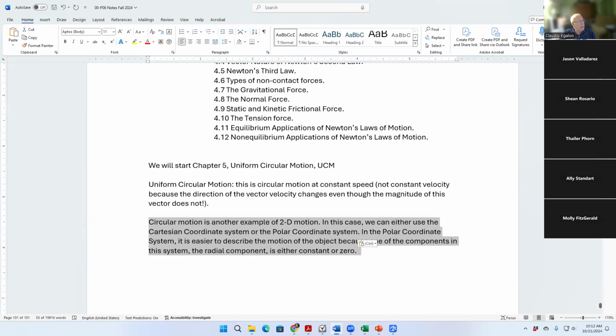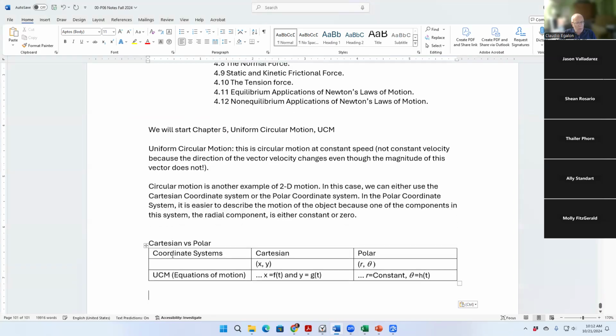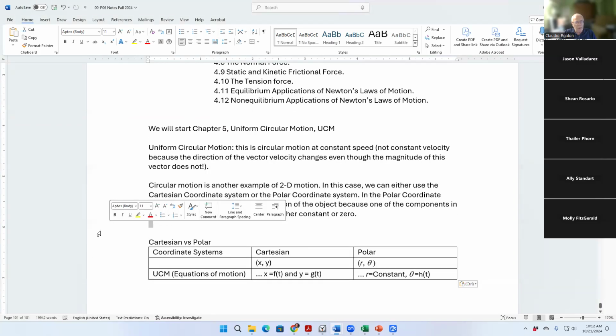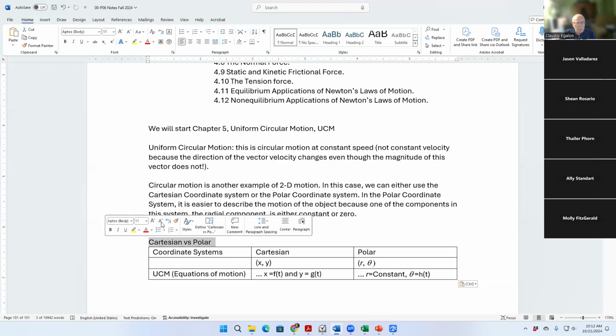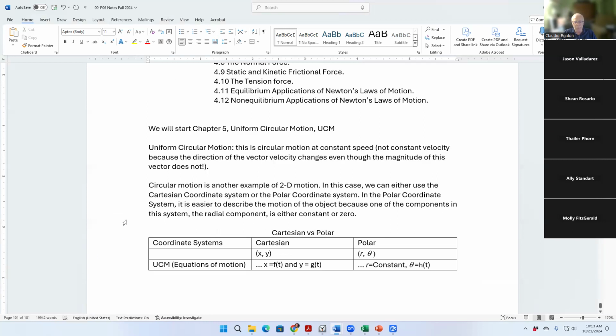Okay, and at this point, I want to introduce you to another type of coordinate system. Remember, you're already familiar with the Cartesian coordinate system, right? But then there is another type of coordinate system that we call the polar coordinate system.